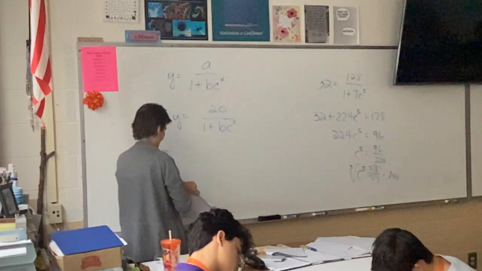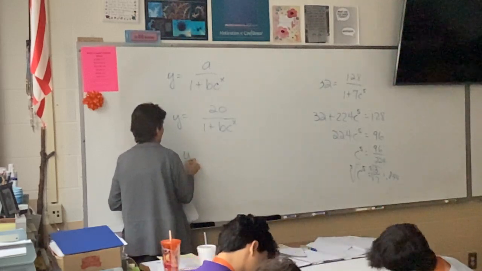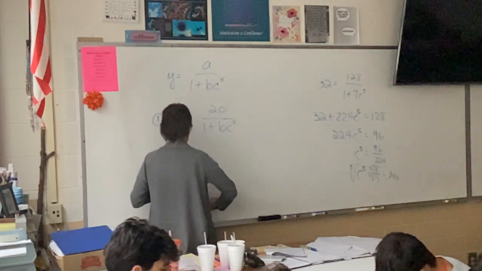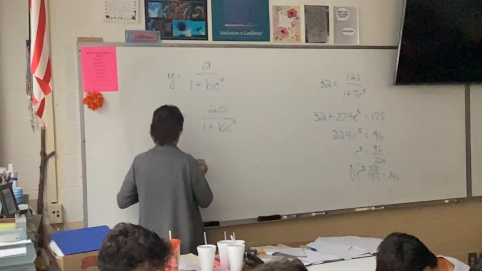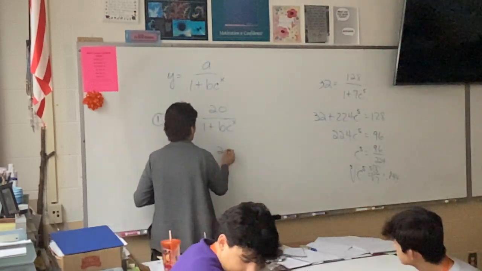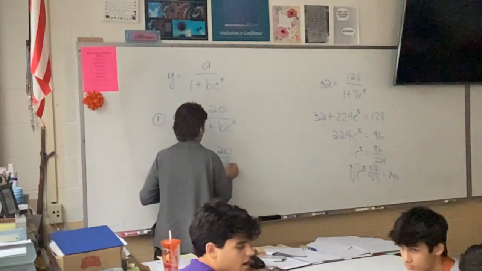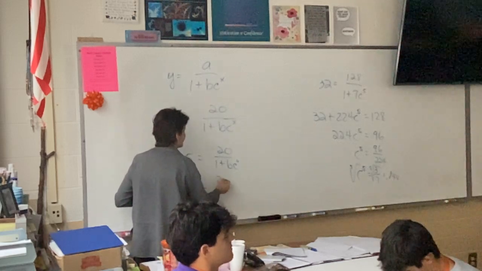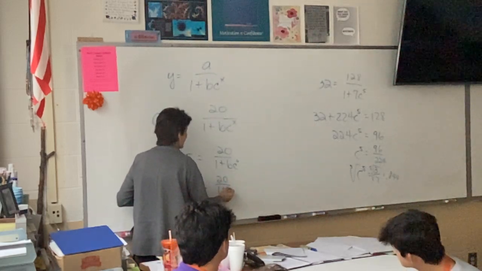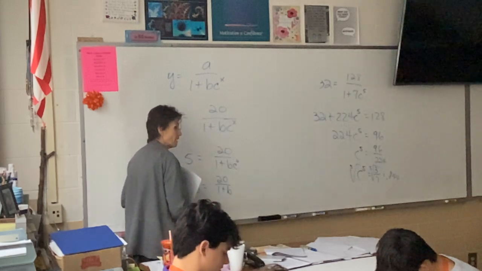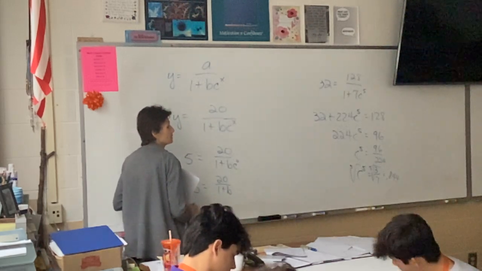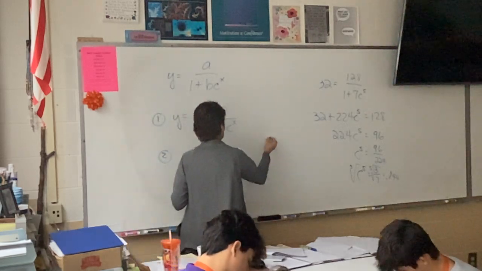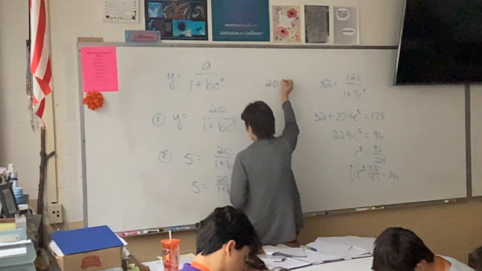Oh wait, so this initial value is when x equals 0. 1 plus b. 5b plus 5 equals 20.